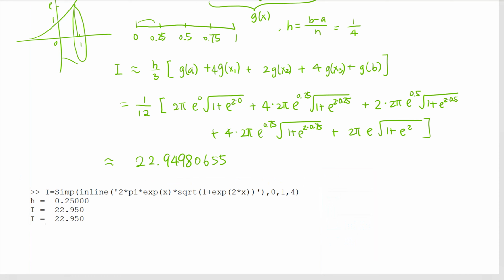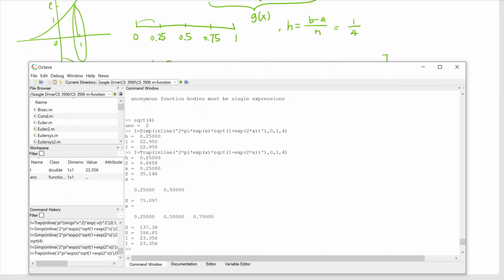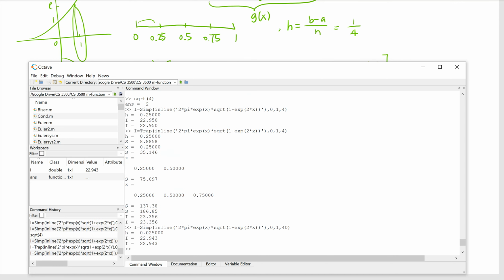All right, so far so good. So with MATLAB, we can now compare with the trapezoid. Okay, trapezoid will give us 23 point something. Let's see what's the true value. Okay, the true value is 22.943.